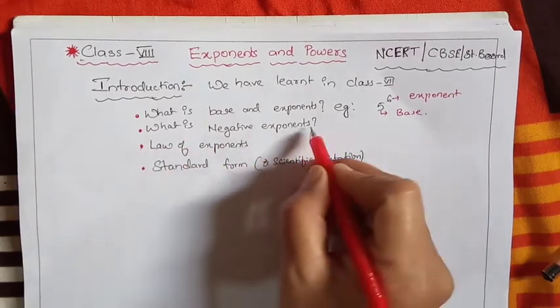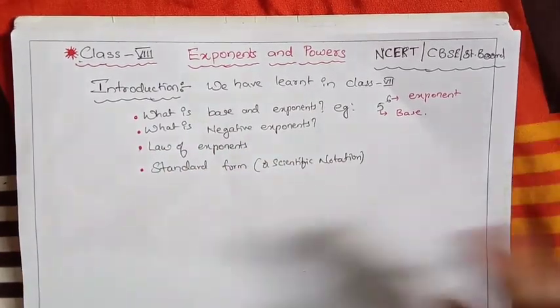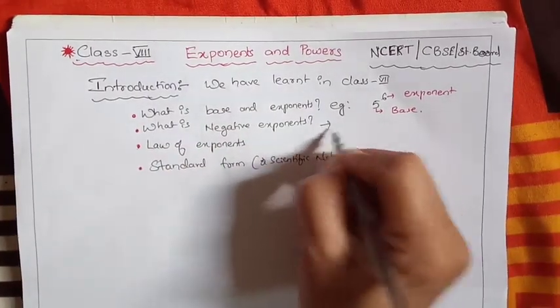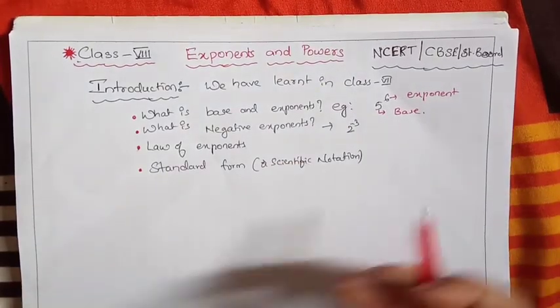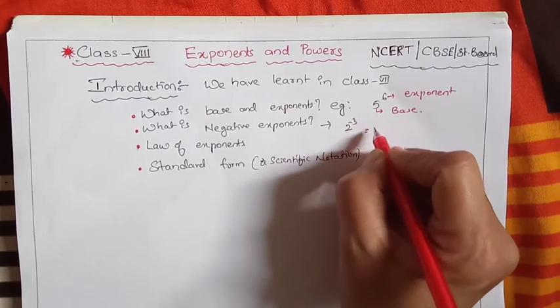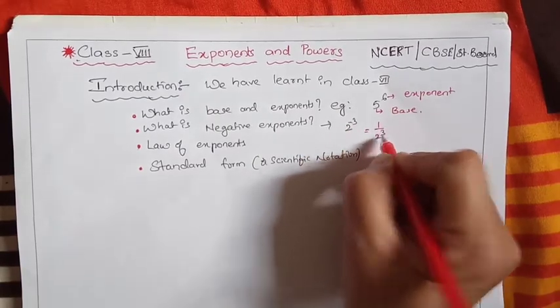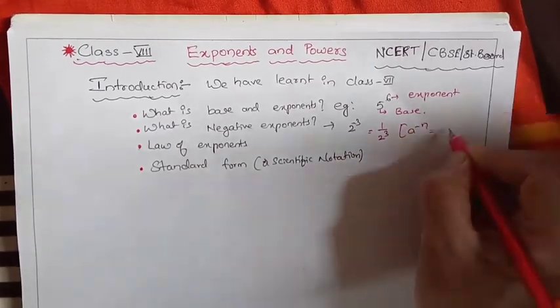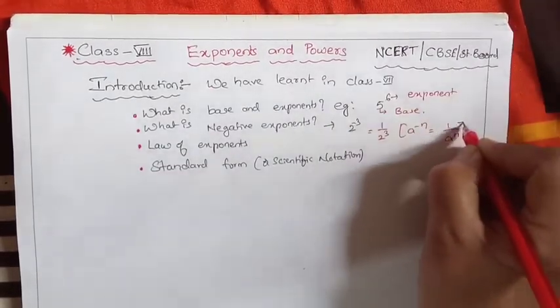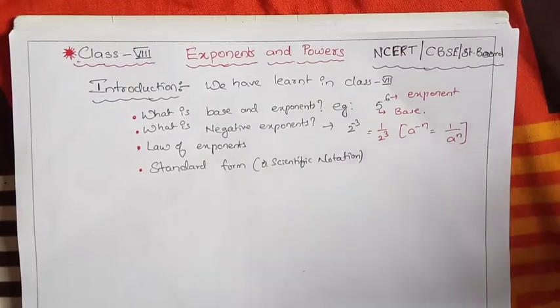What is negative exponent? Suppose 2 to the power minus 3. It can be written as 1 by 2 cube. As the formula, a to the power minus n is equal to 1 by a to the power of n.